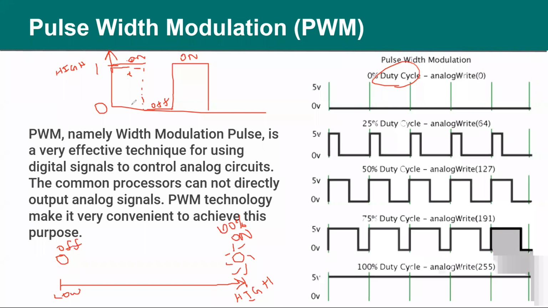Here in this technique, we are going to use a special function called analogWrite, not digital write, but analogWrite, with a capital W of course. We are going to need two arguments. The first one is the pin, let's say the 9th pin, and the other one is the PWM level.